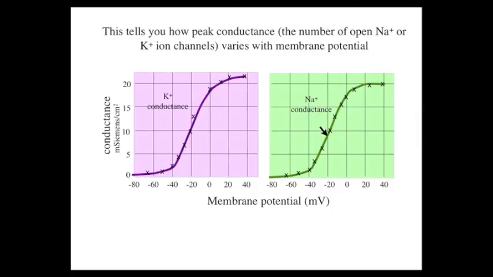Due to the steep voltage dependence of the sodium conductance, each increment in depolarization generates an even larger sodium conductance, and thus an additional influx of sodium ions. The additional influx of sodium further depolarizes the membrane and evokes an even larger sodium conductance, and this continues until the maximum sodium conductance is achieved.